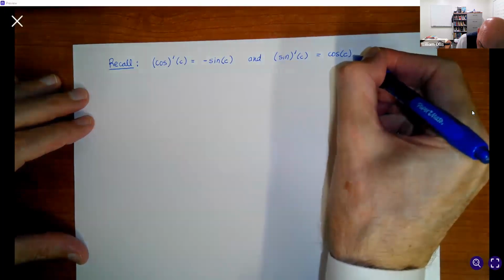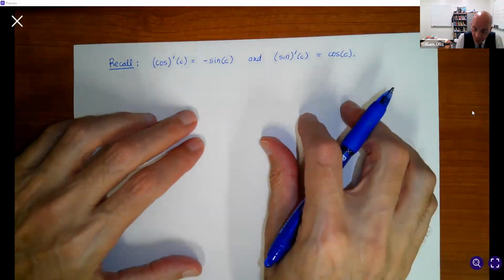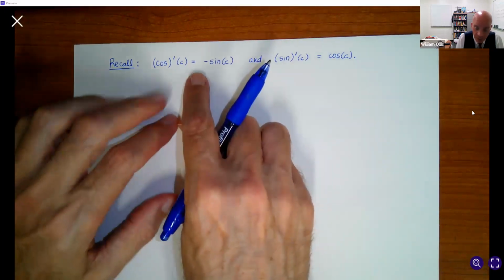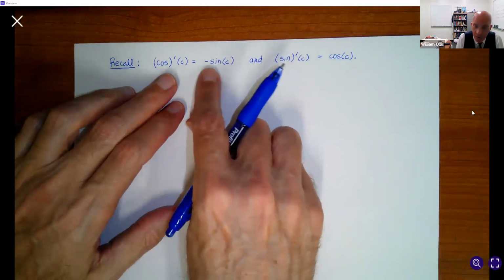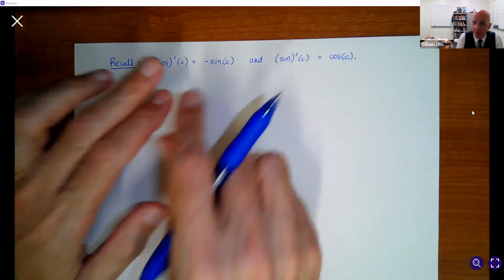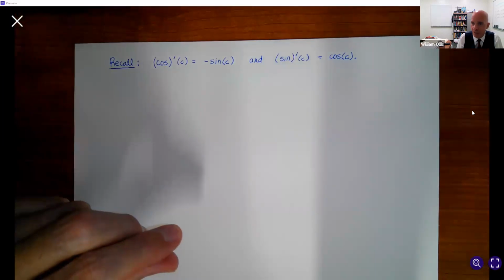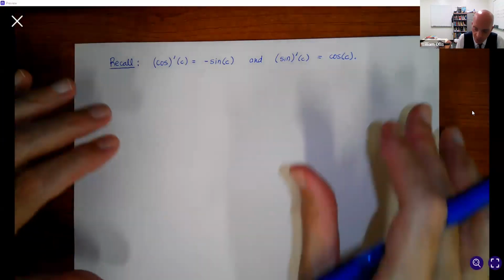We did a derivation of this one, and then of course, if you've gone ahead and looked at this, we have the additive inverse here. So we just have to remember the derivative of the cosine gives the additive inverse of sine, or the negative of sine, if that's easier to say.